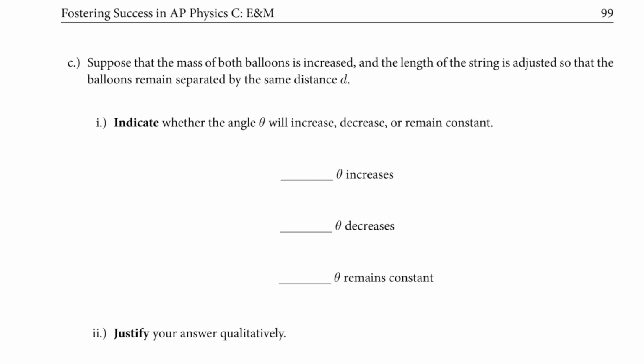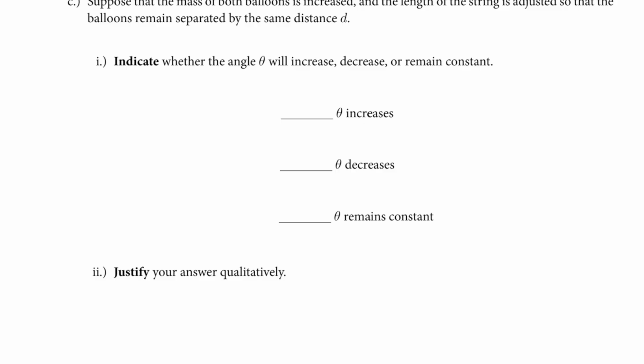All right, last little aspect here. Suppose the mass of the balloons are increased and I change the string length so the d stays the same. What will happen to my angle? It is important to note theta is the angle from the vertical. So let's show my original case here. Definitely exaggerating it a bit, but this was my first case where this was theta.